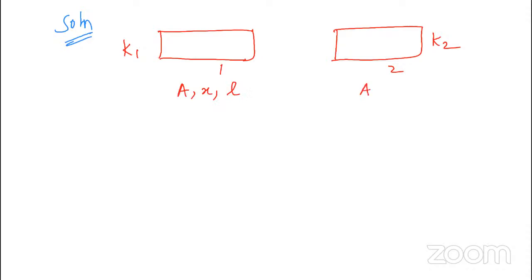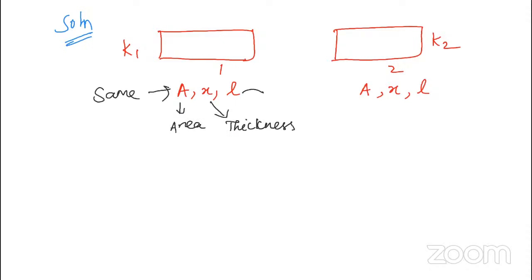The area, thickness and length of both vessels should be the same. Here A represents the area, X represents the thickness and L represents the length.